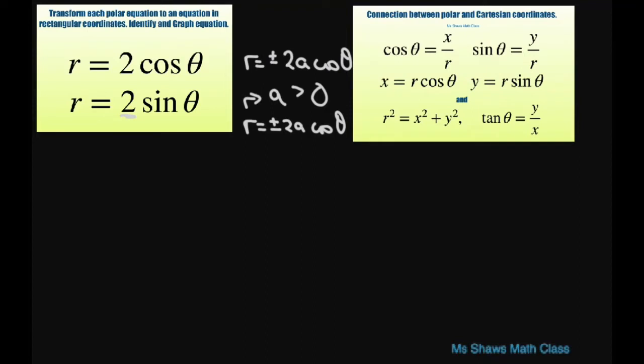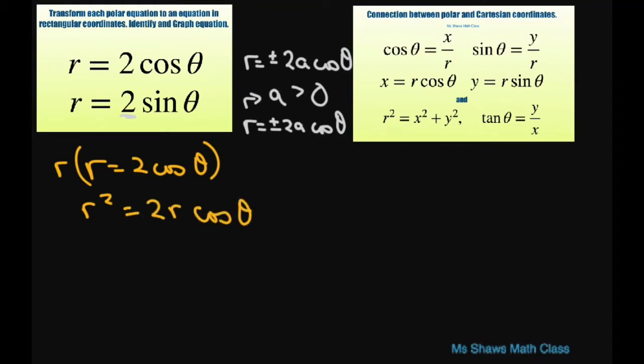So to simplify this, we're going to write r equals 2 cosine of theta and multiply through by r. That gives me r squared equals 2r cosine of theta.